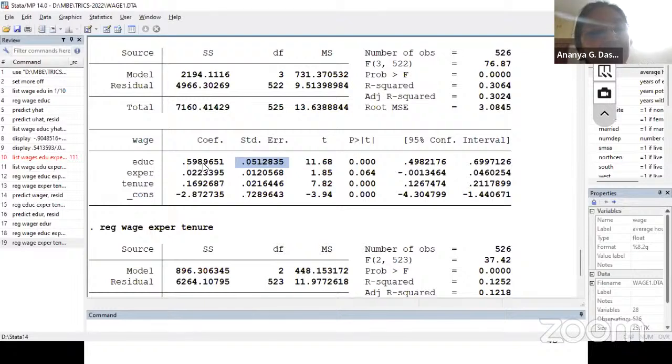And your T stat is nothing but a coefficient by the standard error. So that means your T stat is going to be very, very low, okay? And your T stat will be pushed towards insignificance. It will be pushed close to 0 and your variable will become insignificant. So that is the problem that is caused by the presence of multicollinearity. Okay. If you have any questions on this, please ask.